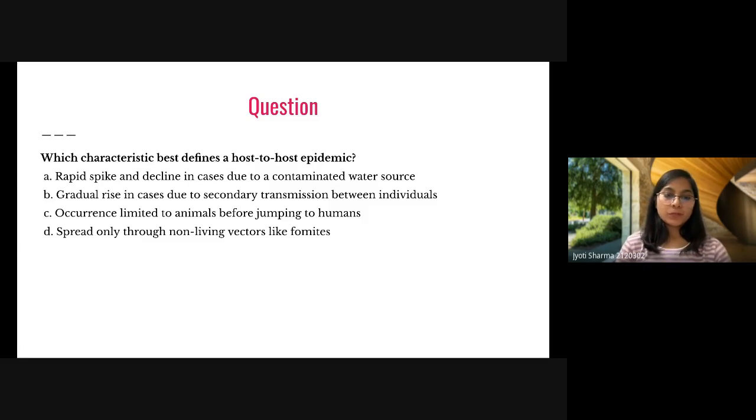Yes. So you gave me answer B, and yes, this is right. As I told you, some epidemics are not host to host, but depend on the vector, and even some are waterborne. And waterborne diseases give you a rapid spike in infection.